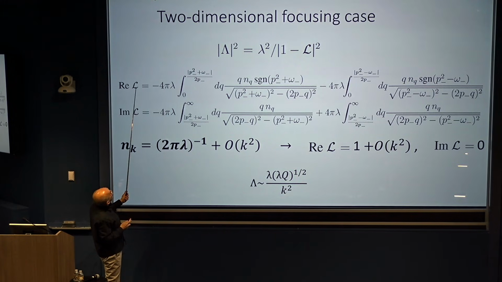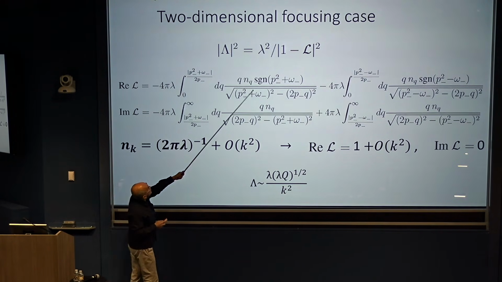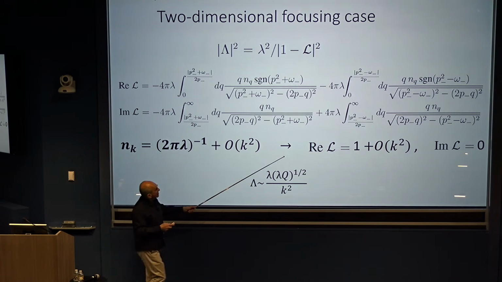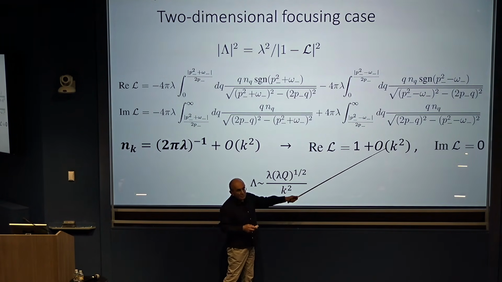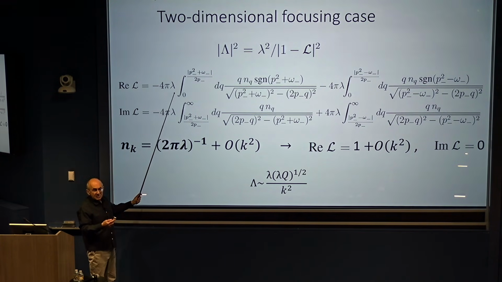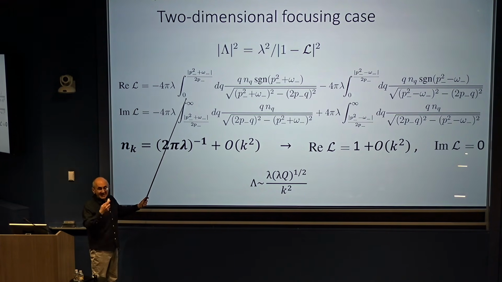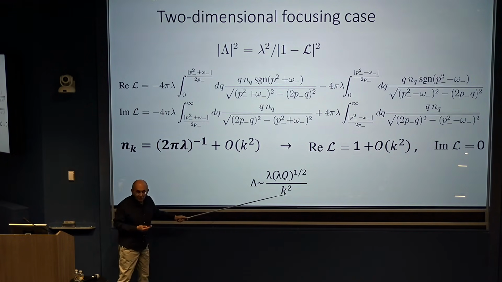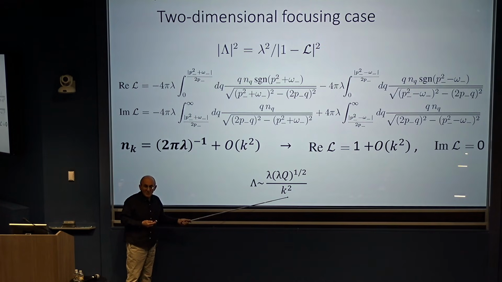I assume that my L is in the main order unity, and then a correction proportional to this, and then I can prove that the resulting state will be a constant cascade state with an effective lambda, which is 1 over k squared. That's how it's enhanced for the focusing case.